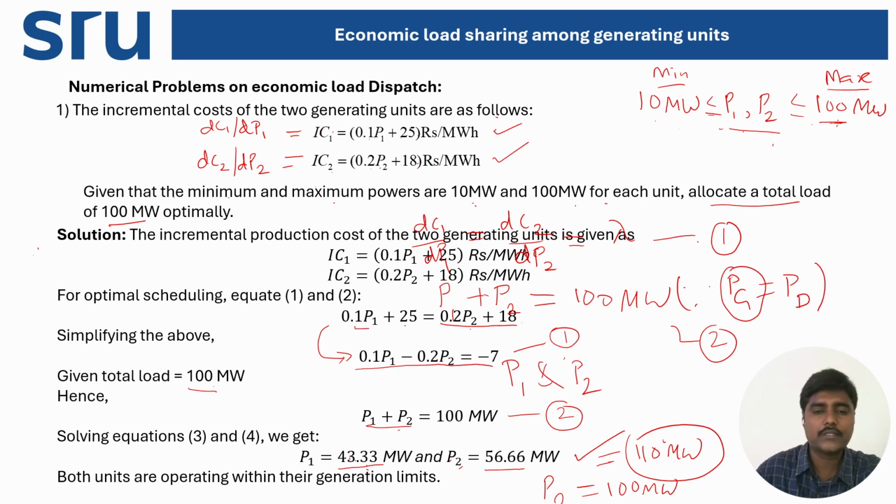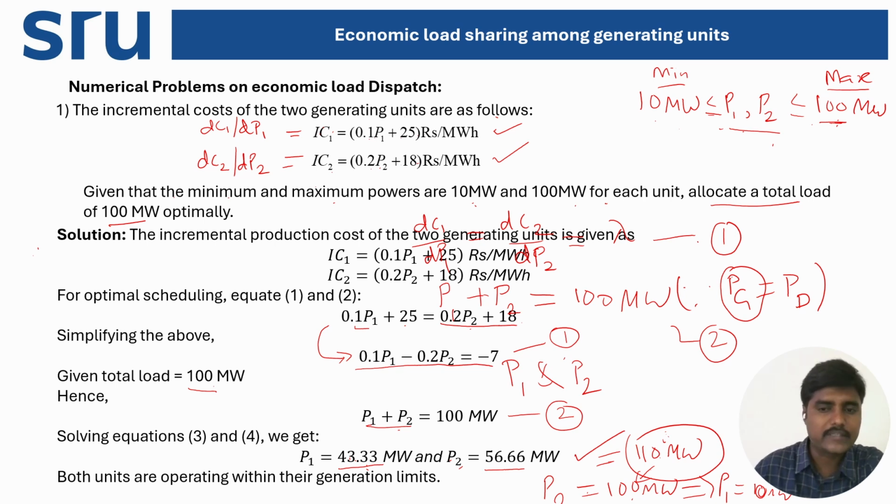So you have to fix that at 100 because the actual power generation of 110 is above this maximum limit. Then you can determine the value of P1. So obviously P1 will become 10 megawatt.